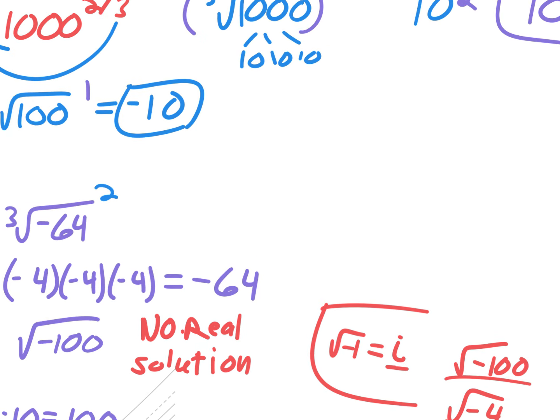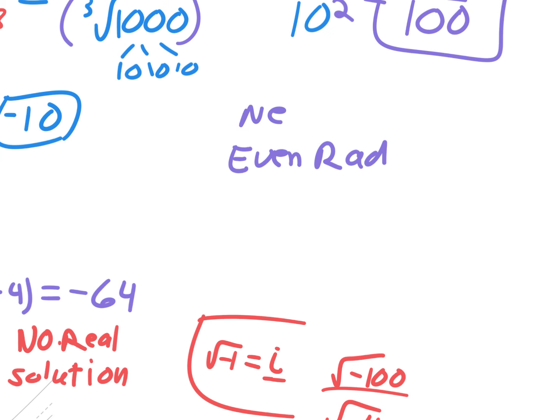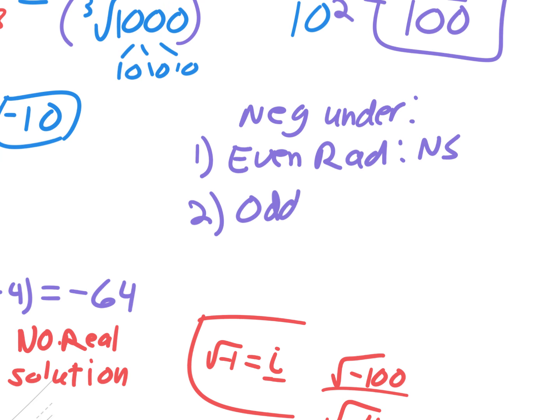So if you need a little general rule, if you have a negative under an even radical, it's no solution. If you have a negative under an odd radical, the answer is just negative.